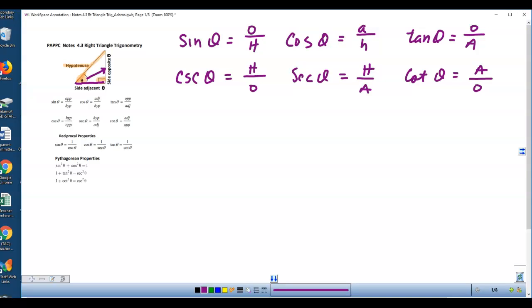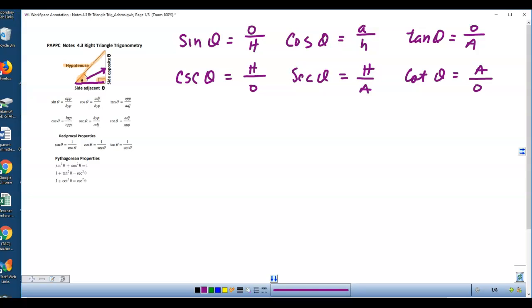These are what we call basic identities, so reciprocal properties. Then we have another set of identities, which are the Pythagorean identities, and there are 3 of them. Sine squared theta plus cosine squared theta equals 1, 1 plus tan squared theta equals secant squared theta, and 1 plus cotangent squared theta equals cosecant squared theta.